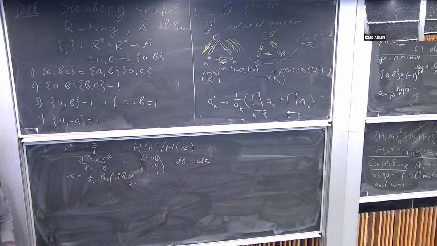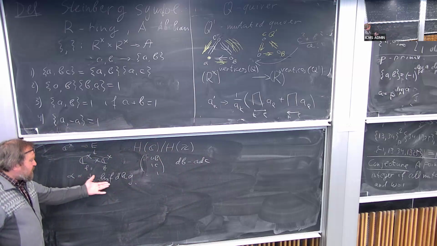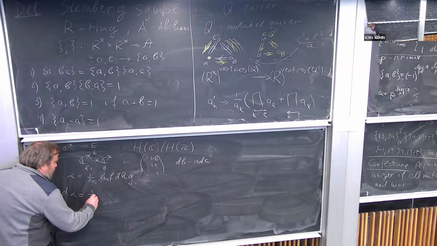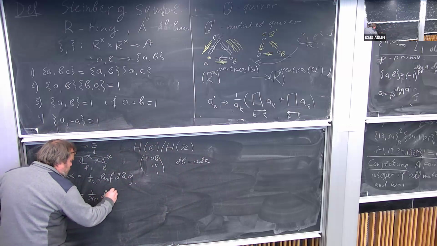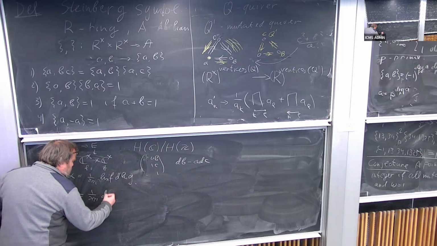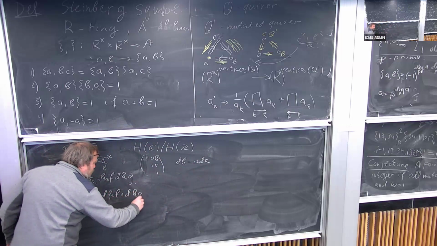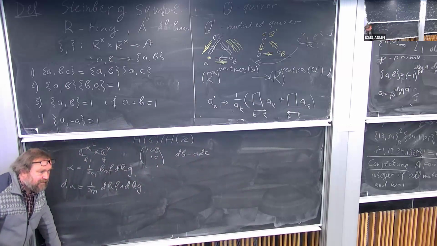So you have a line bundle. Of course the curvature d alpha is 1 over 2 pi i d log f d log g, which is just a form.